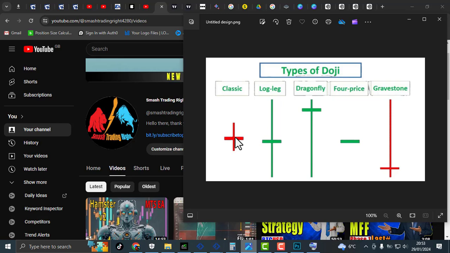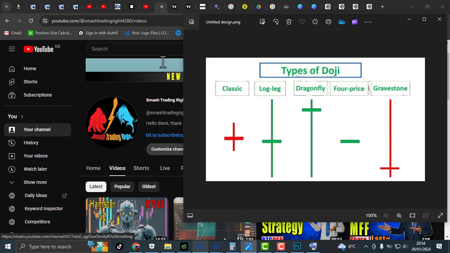It's not going to move anywhere really. And then the gravestone is a pre-indication of price dropping, you could call it a micro trend phase. Price is going to drop. So now we know the names and what each one could possibly mean.